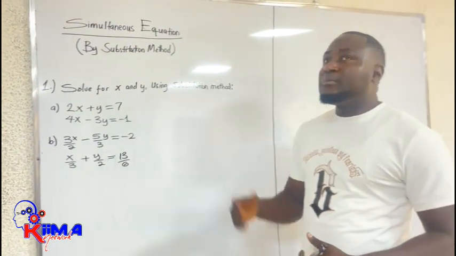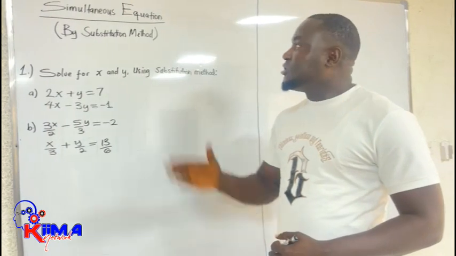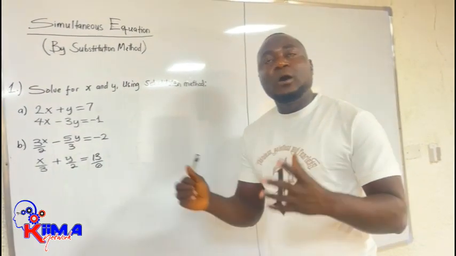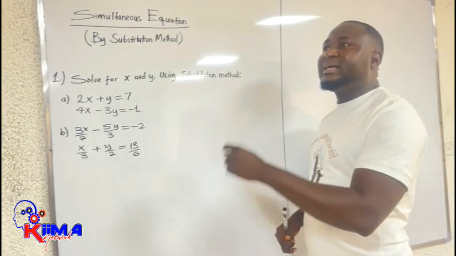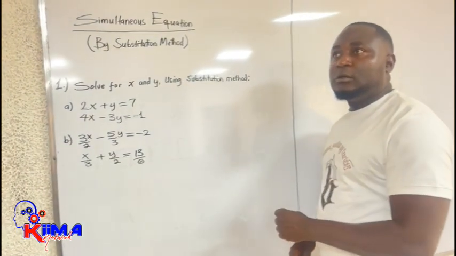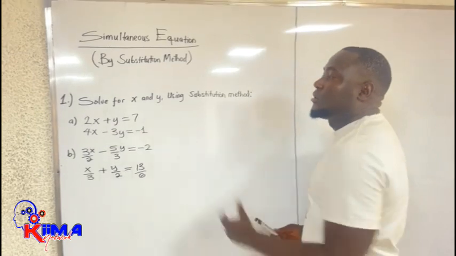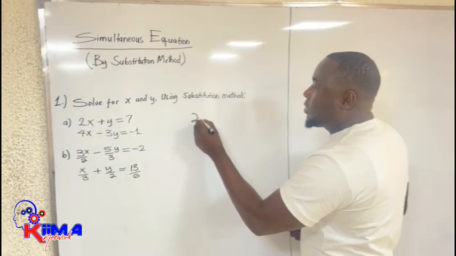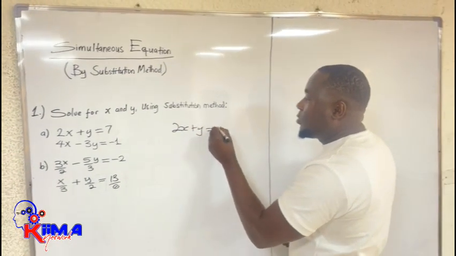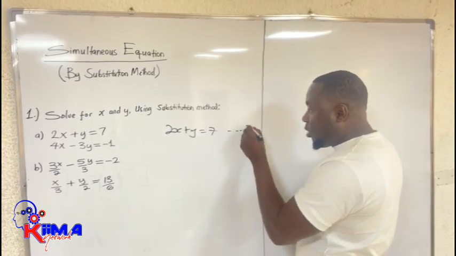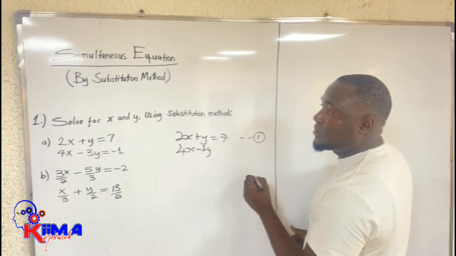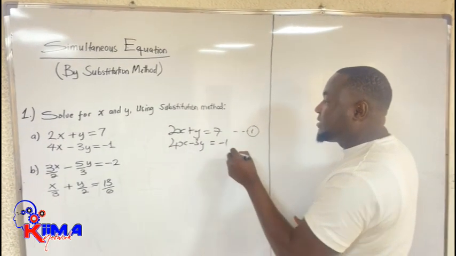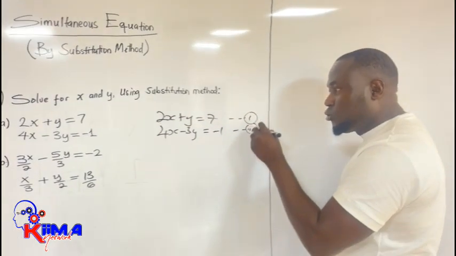So in solving simultaneous equations using the substitution method, we need to express one of the variables in terms of the other variable for each of the equations. Let's say 2x plus y is equal to 7, equation 1, and 4x minus 3y is equal to -1, equation 2.